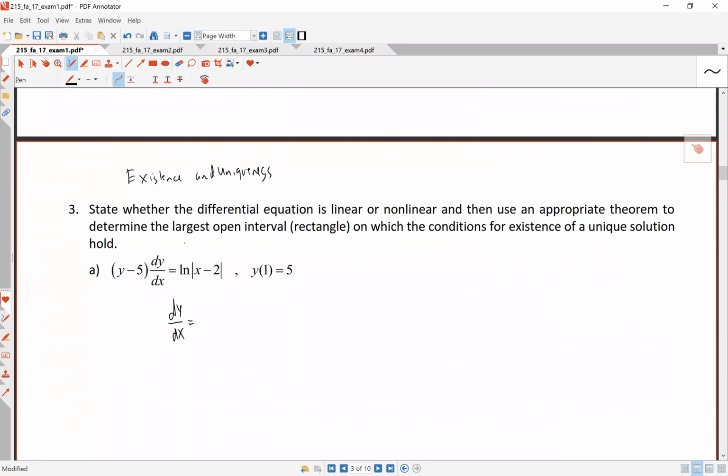Because we're multiplying, because we have a y times a dy/dx, that makes this nonlinear. dy/dx is the natural log of x minus 2 divided by y minus 5.